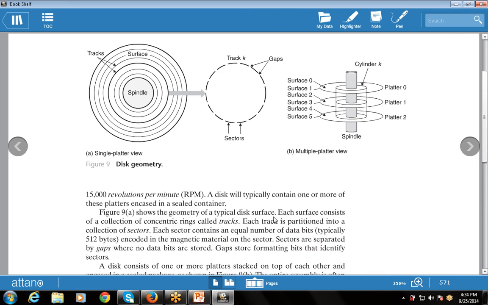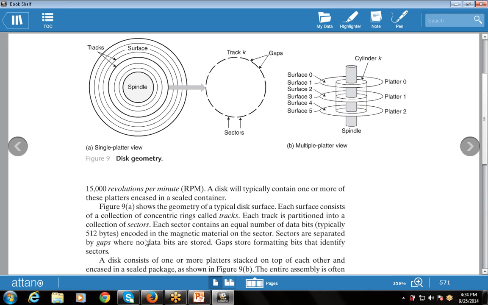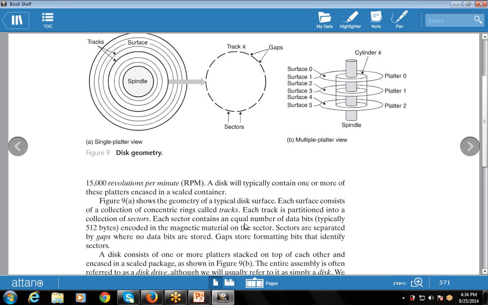This says each surface consists of a collection of concentric rings known as the tracks. Then each track is partitioned into a collection of sectors. Then each sector contains an equal amount of data bits, typically 512 bytes, encoded in the magnetic material on the sector. So first of all, the concentric rings are known as the tracks, and each track consists of multiple gaps and sectors, and each sector contains multiple data bits.